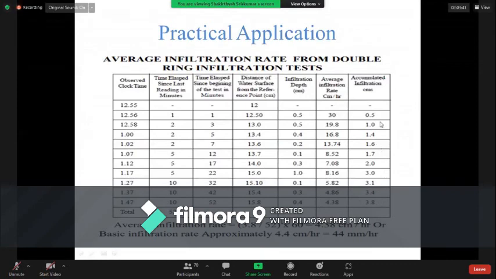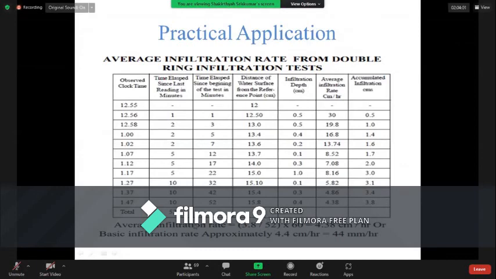Why? In this column, you already add one by one. Here 0.5 plus 0.5, again plus 0.4. Likewise, you add together and get the final value. So you can directly use this accumulated infiltration value.